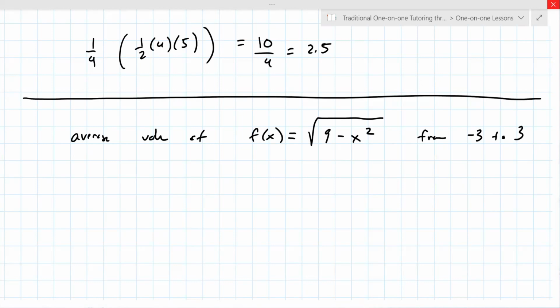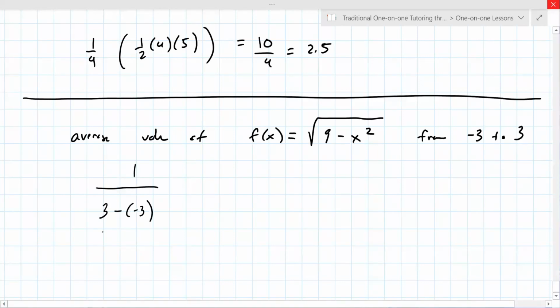Yes, b minus a, 3 minus -3. Okay, so it's 1 over 3 minus -3.